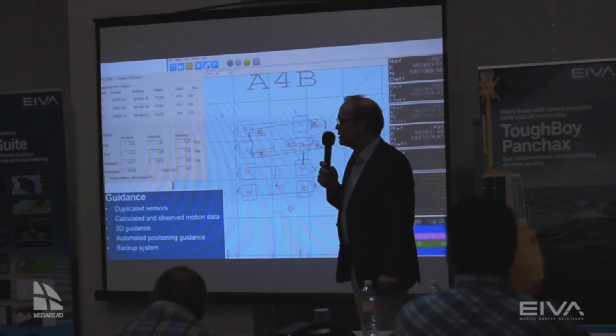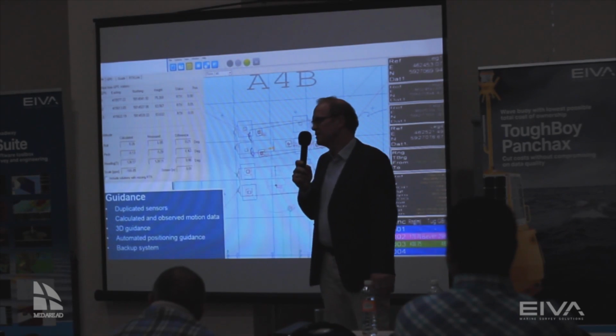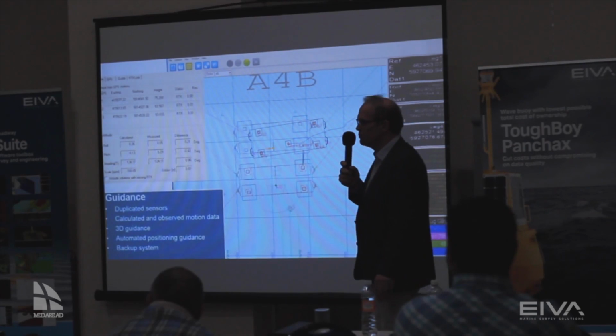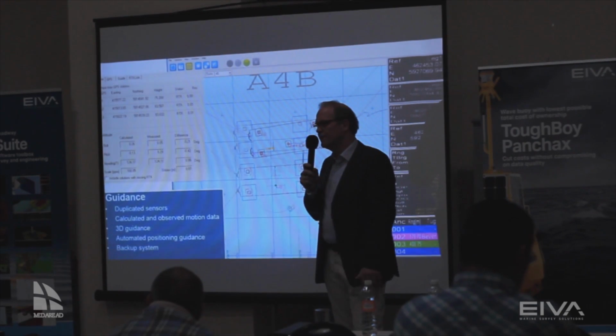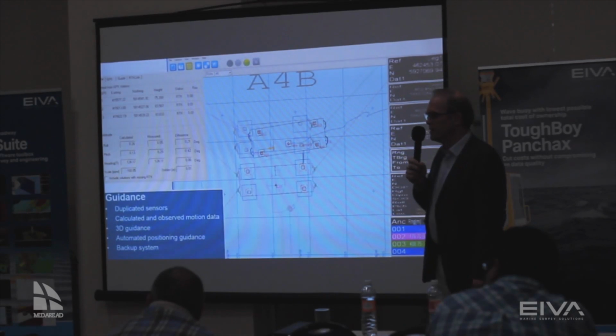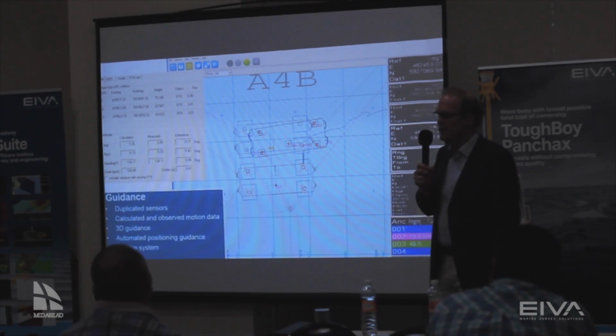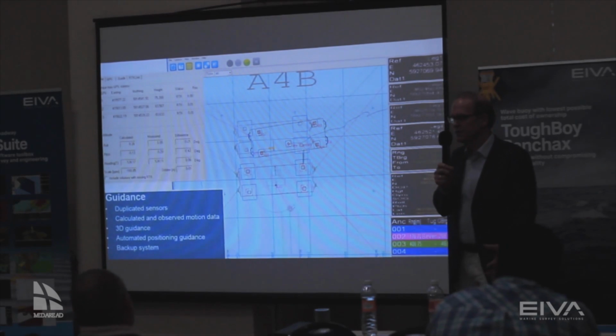But this solution is only working up to a certain limit. That means 10 to 15 kilometers from the shoreline. If you're working more outside, so more far from the shoreline, then you need something like satellite corrections. And there are several suppliers on the market, like Fugro, for example. They have the Marine Star operation. Then we have CNAV.